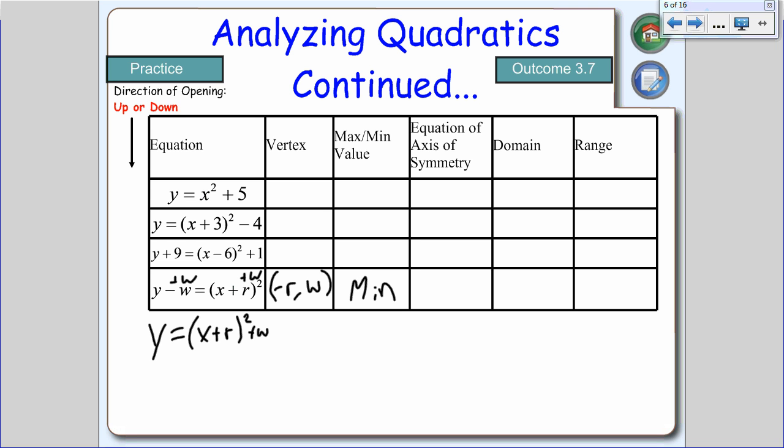Where's my axis of symmetry? X equals negative r. My domain. X is an element of the reals, always. Yeah, range. Y is greater than or equal to w. Those are good test questions because they're not numbers, so you can't rely on your calculator.